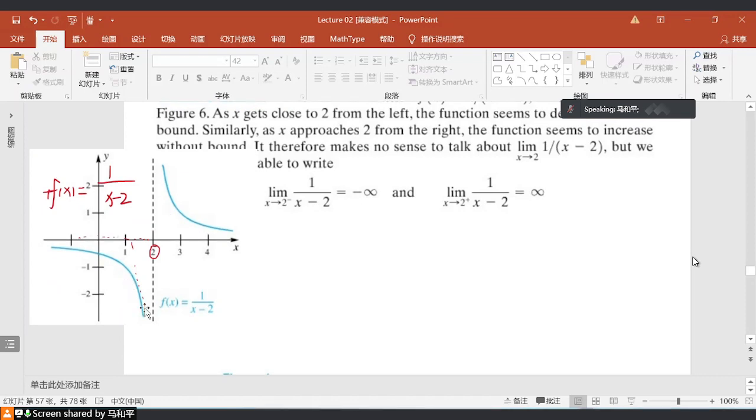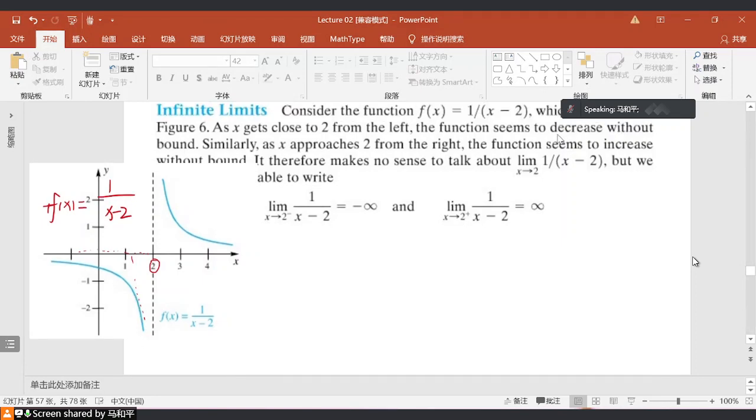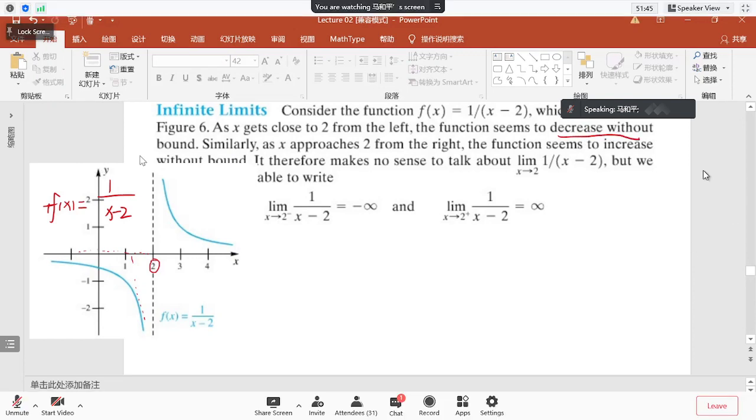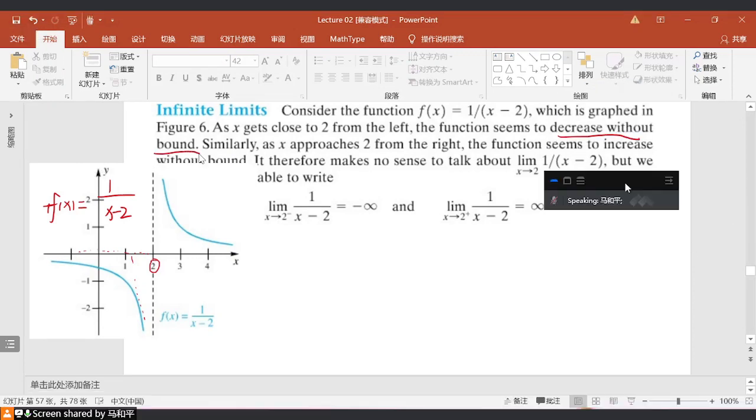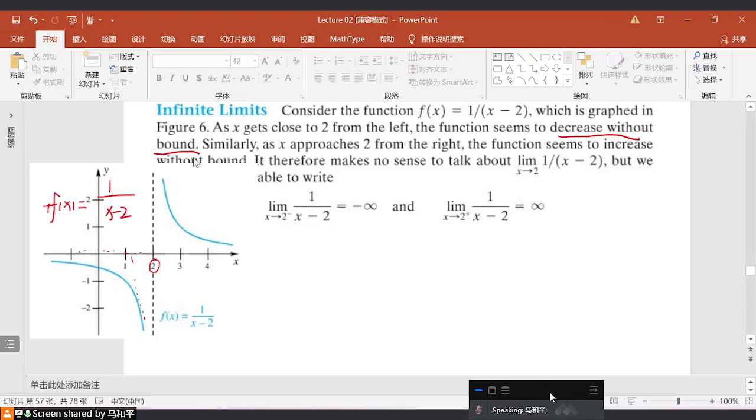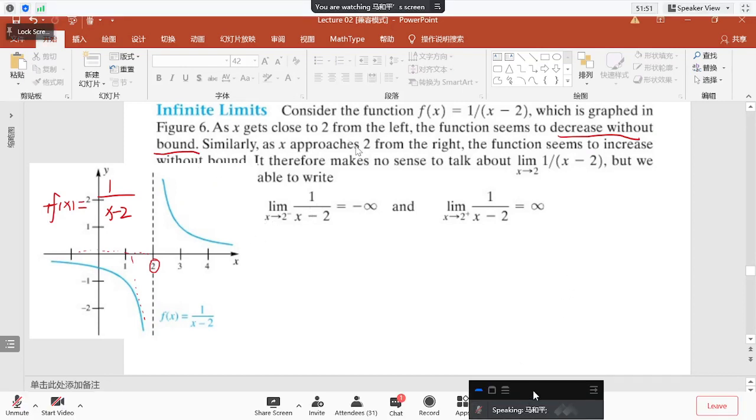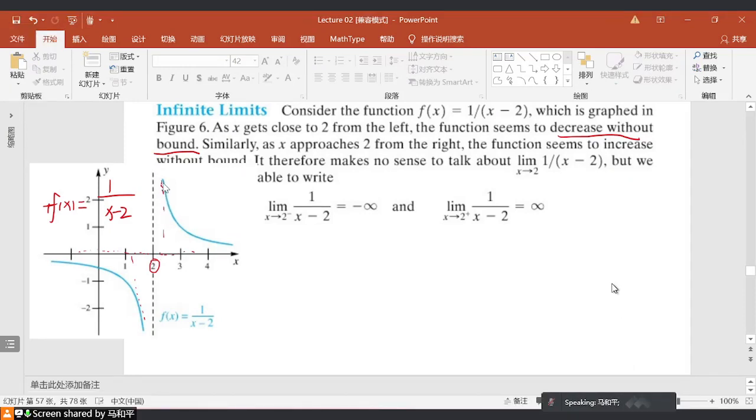f(x) approaches negative infinity, right? It seems to decrease without bound. Similarly, as x approaches 2 from the right, this is f(x), the function seems to increase without bound.